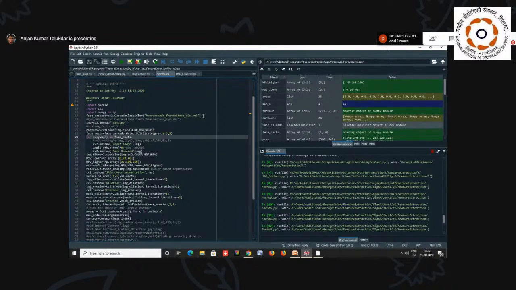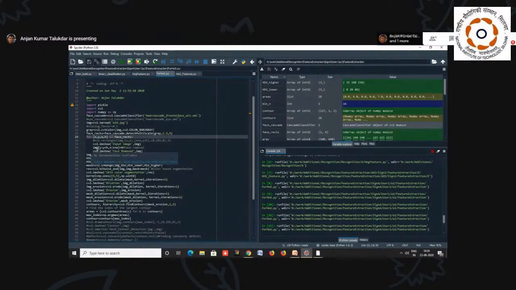So now then I have read the input image, suppose this image, then I have converted it into a grayscale image so that I can apply this Haar classifier. So I have applied the Haar classifier, then detected the face part, and then to remove this face part, I have used this part basically.